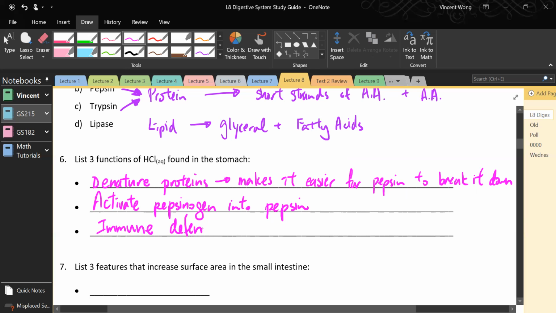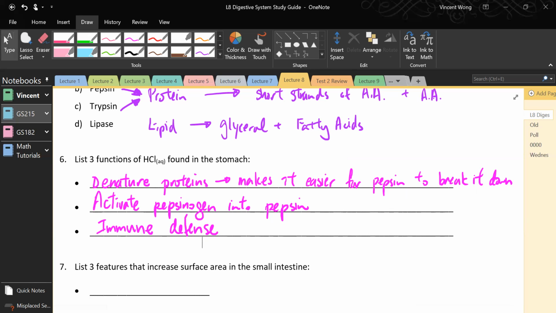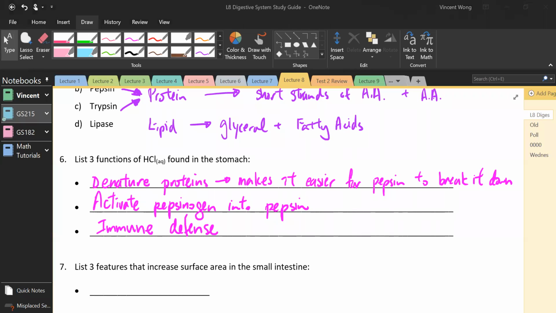The stuff that we eat sometimes has bacteria and pathogens in it, and we want to kill those pathogens as best as we can before they cause any kind of problem. By having a little bit of hydrochloric acid, we will be able to achieve just that. So that is that. Anybody have any questions before we move on?